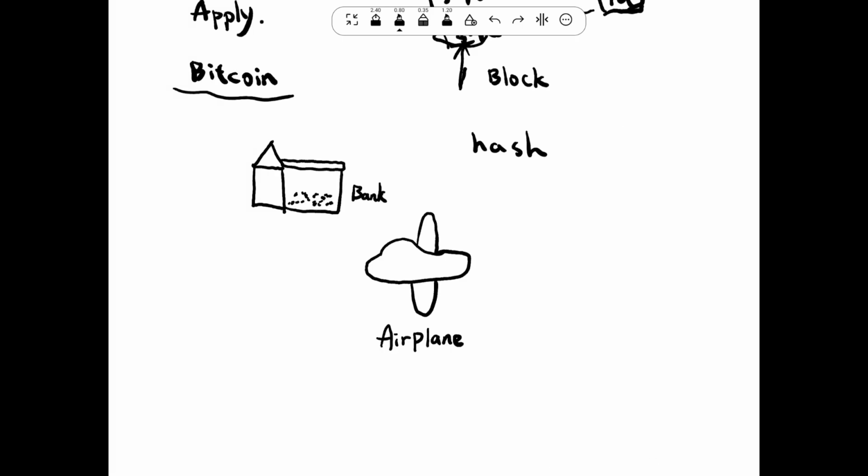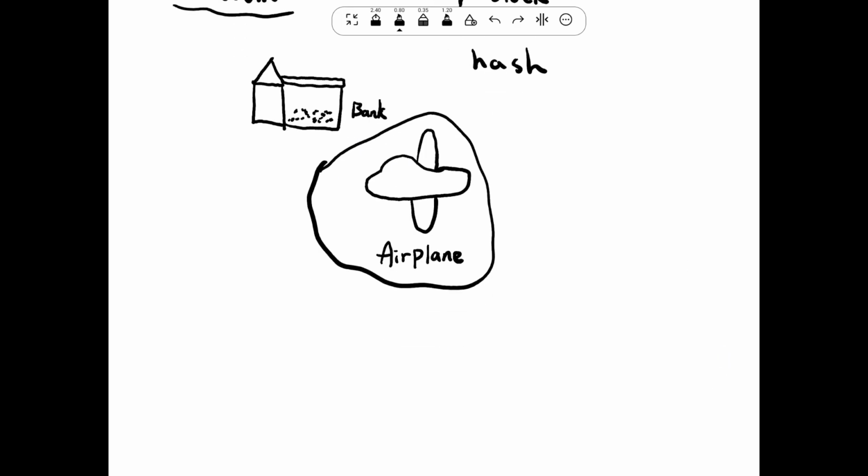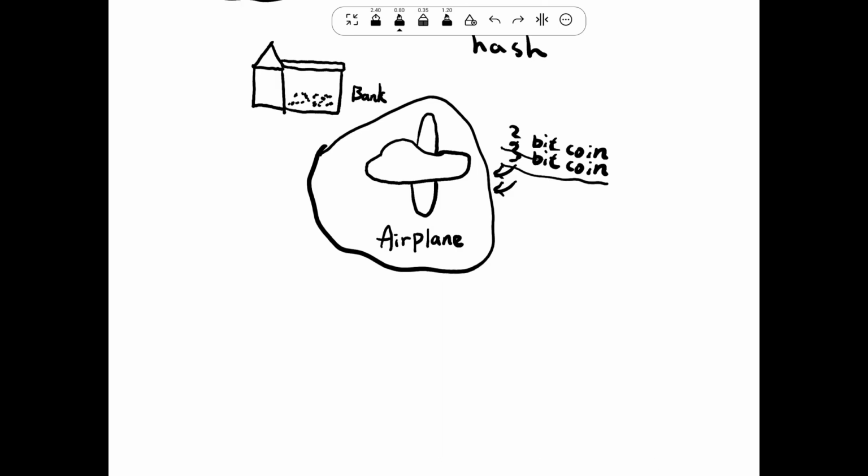If today I look at this airplane and I really want to buy it, and I have 3 Bitcoin, if I want to use the 3 Bitcoin to buy this airplane, can I buy it? You maybe say Bitcoin is also a type of money, so you can buy, right? But the reality is it depends on the seller.